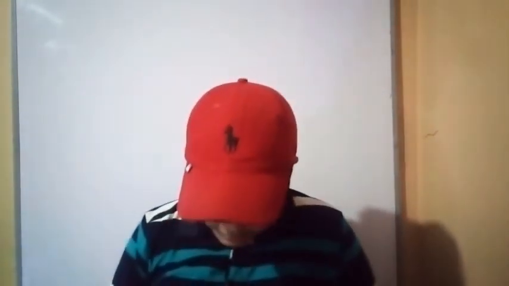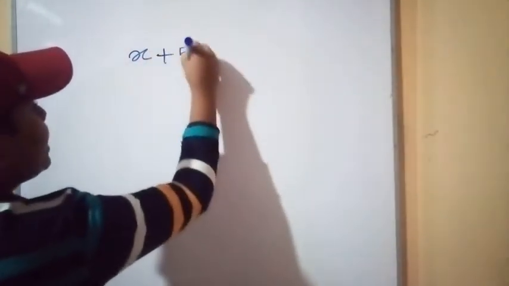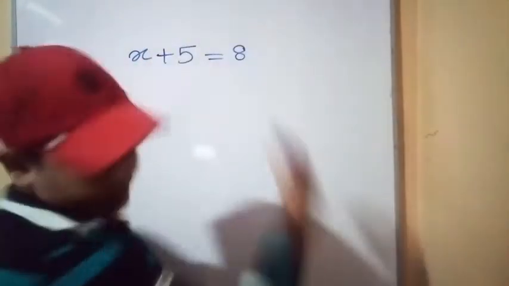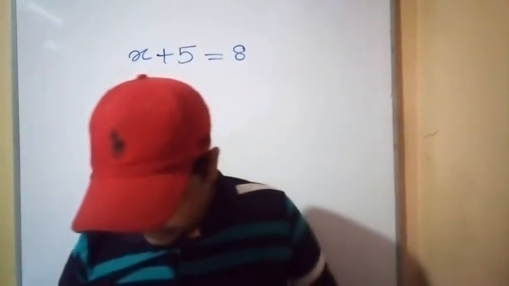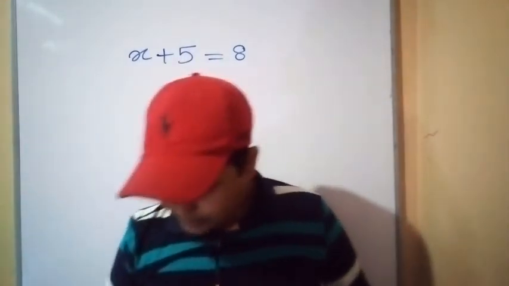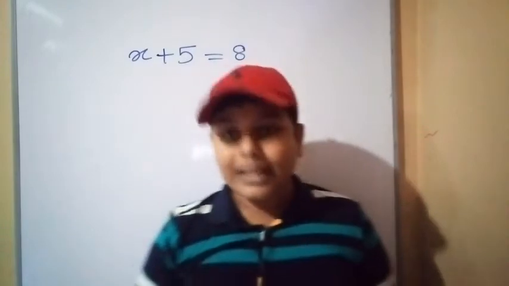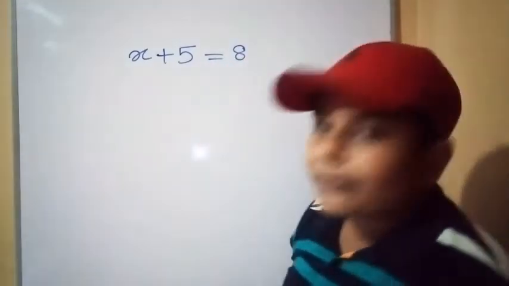Now in the equation, x plus 5 means 8, right? X plus 5 means 8. The value of the algebraic expression x plus 5 is on the left hand side. What is the left hand side?